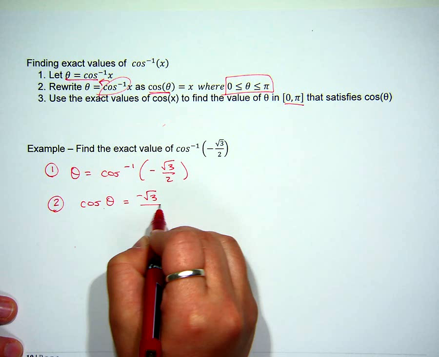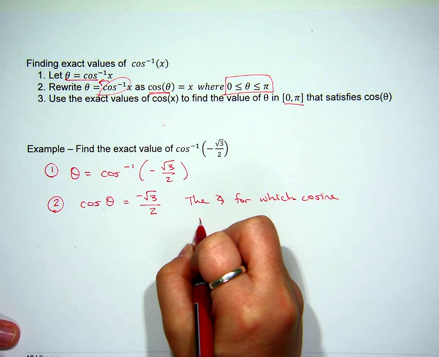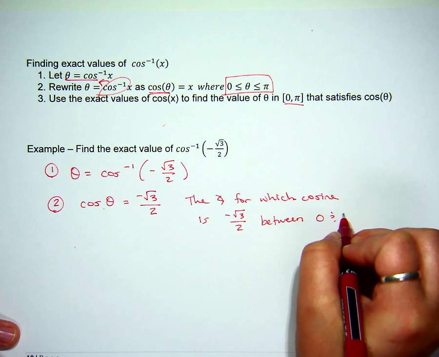Cosine theta equals -√3/2. Okay, this means the angle for which cosine is -√3/2 between 0 and pi. Between 0 and pi.